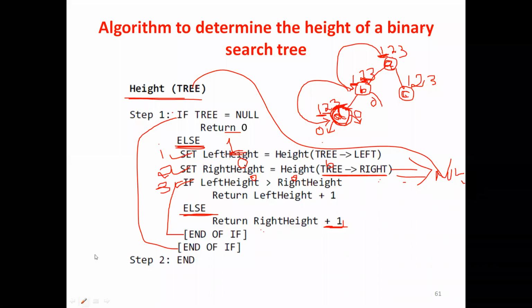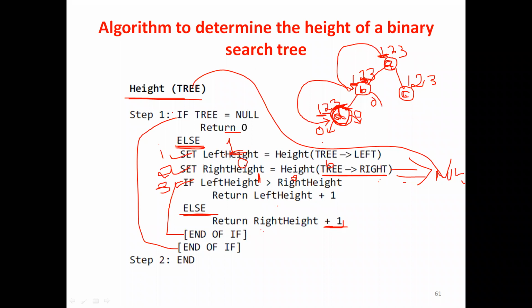Let me erase. Because right height is now 0, return 0. Now I am comparing the left height and the right height. Left height is 1. So is 1 greater than 0? Yes, 1 is greater than 0.